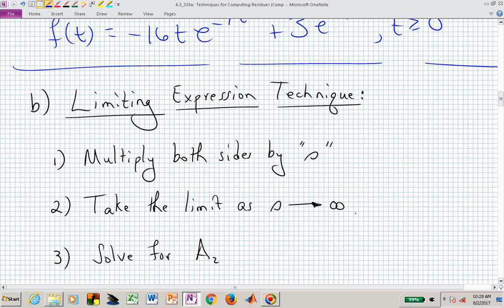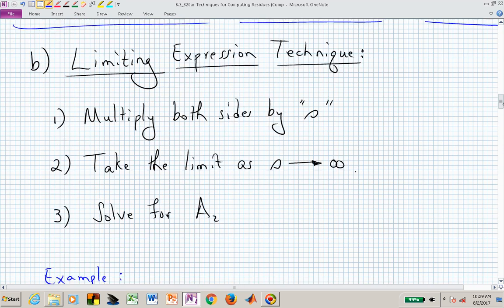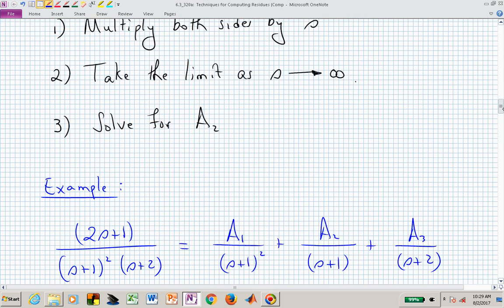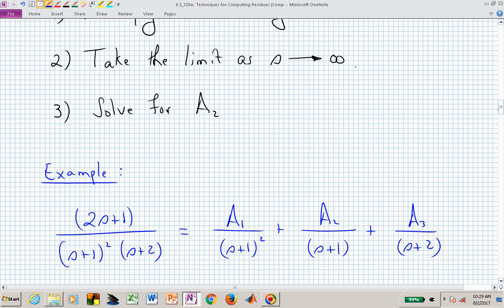First, we multiply both sides by s. So now we're going to put an s in the numerator of all of our terms. Then we take the limit as s goes to infinity, and that hopefully will then allow us to isolate on the unknown, which in our case is a sub 2, going back to an earlier example.